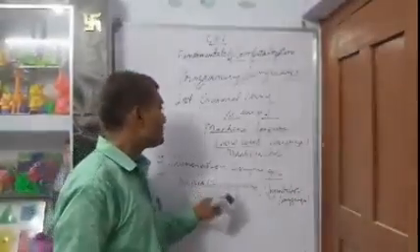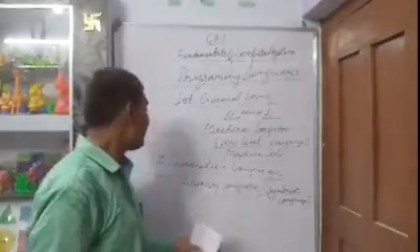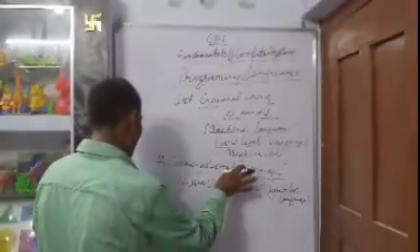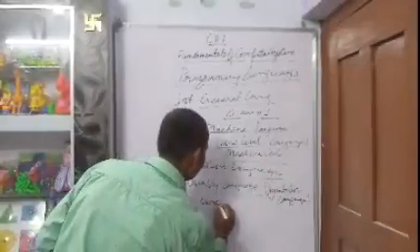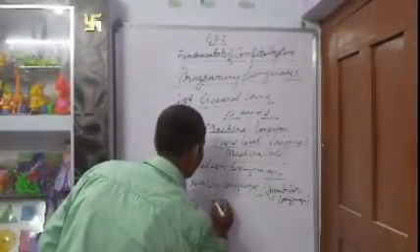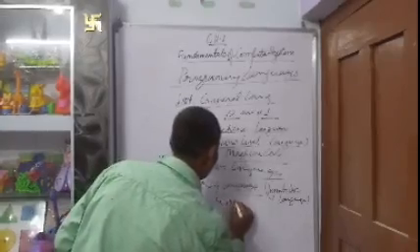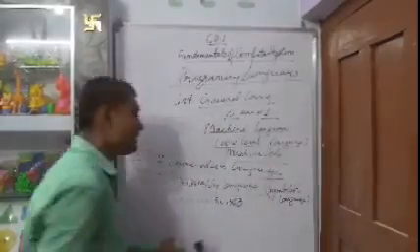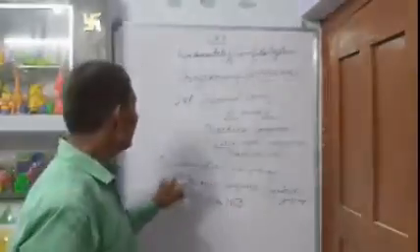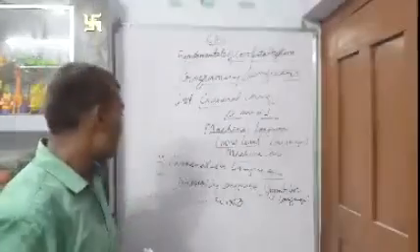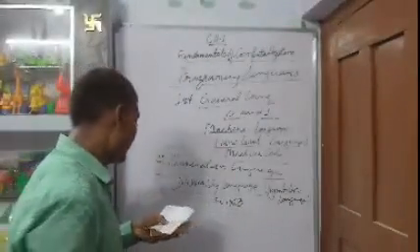So assembly language is also a low level language, and it is a part of the second generation language, and it comes in the year 1950. In the year 1950, assembly language was introduced in the programming languages. It is a second generation language.